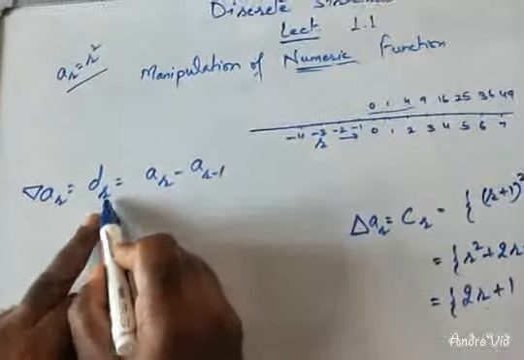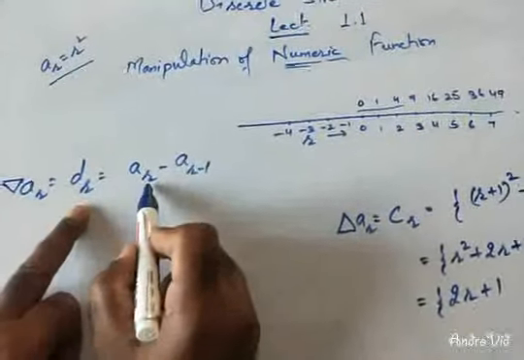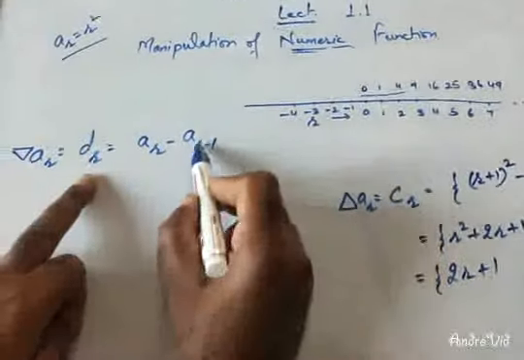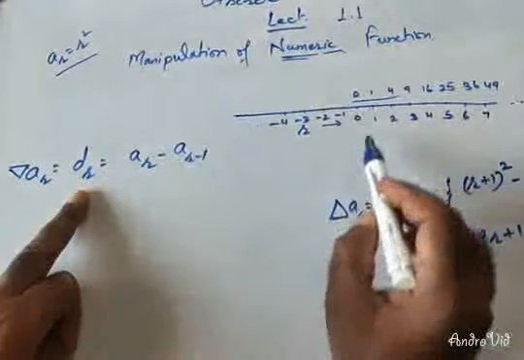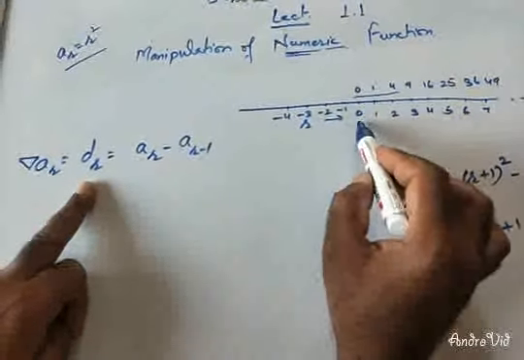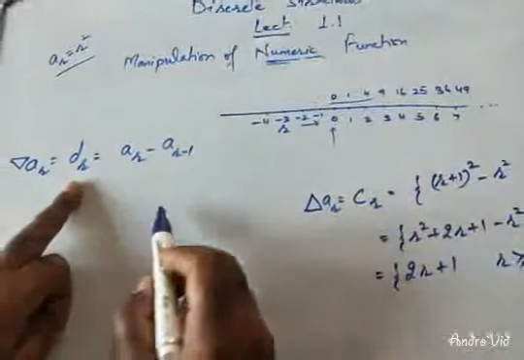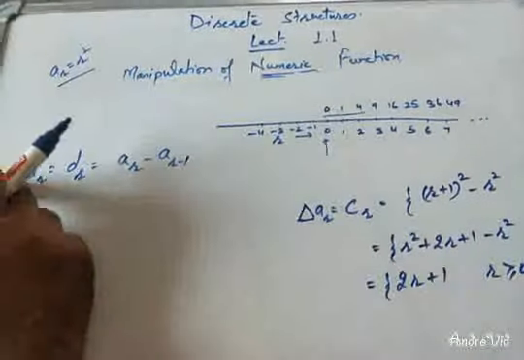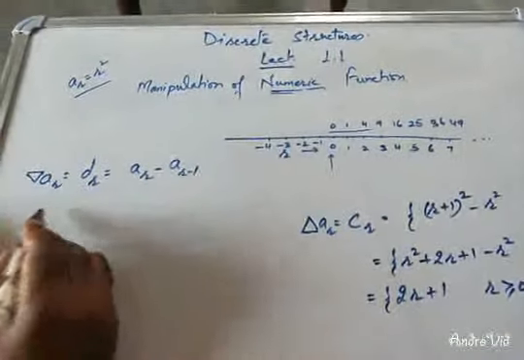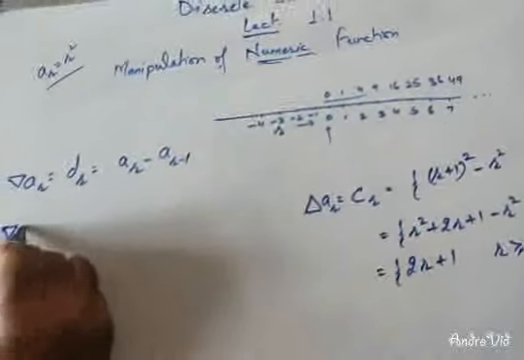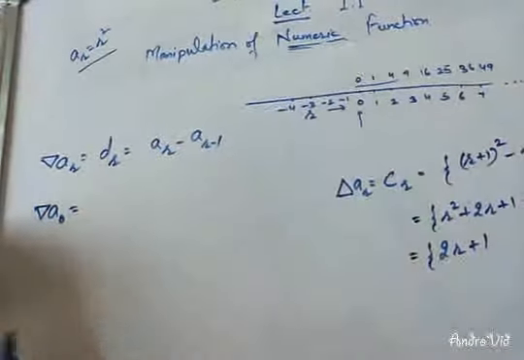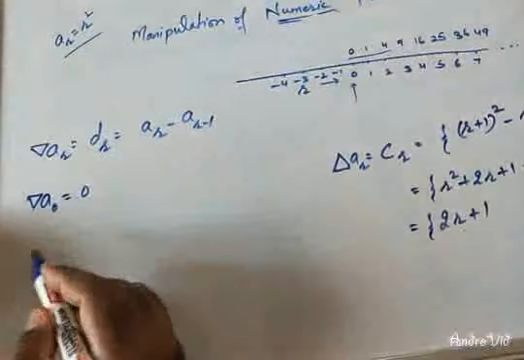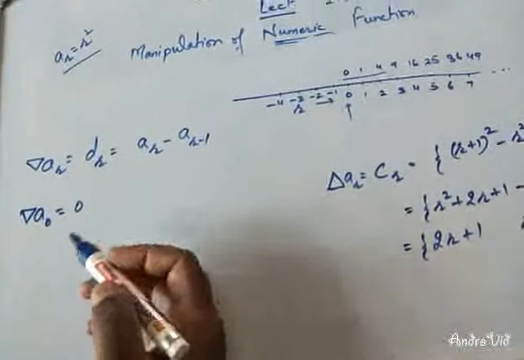So at value 0 this will be A0 minus A minus 1, but A minus 1 is not defined because all the discrete numeric functions start their values from 0 only. So backward difference at A0 is not defined, and many times we can say that this is 0 only, because we are not having any value.